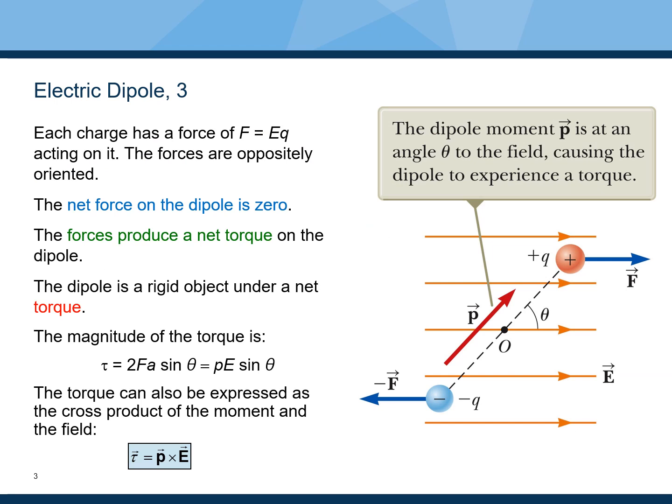Now let's ask what happens to the dipole when it is making an angle of theta relative to the uniform electric field. That's the simplest thing that we can ask. The positive charge experiences a force F equal to the positive charge times E vector, aligned in the direction of the electric field.